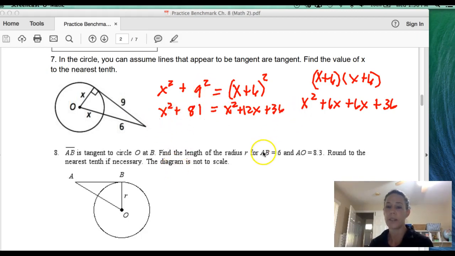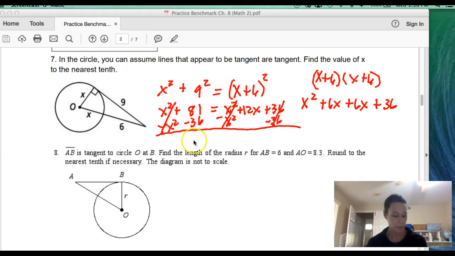Now we're going to simplify this and solve for x. Great thing about this is when I subtract x squared from both sides, they fall out, and I don't have to deal with x squared anymore. Now I'm going to solve for x. I'm going to subtract off 36 from this side so that I isolate the x by itself over here, so I'm going to do 81 minus 36 and get 45, and that's going to equal 12x.